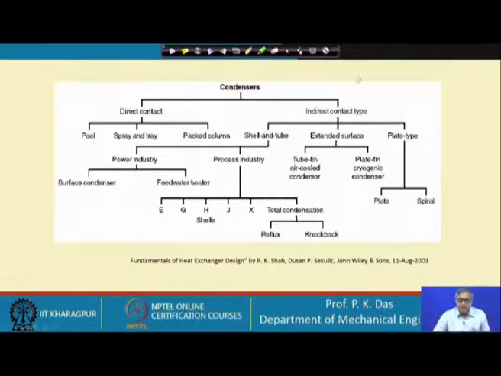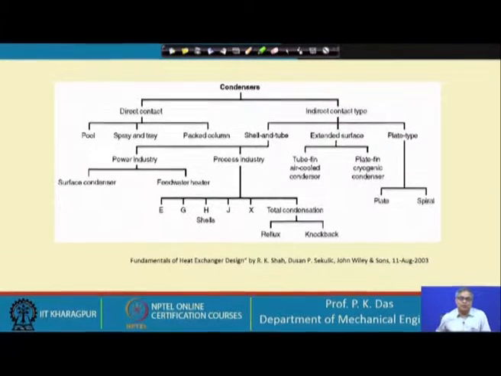So, direct contact, indirect contact type condenser, as we can expect, there could be many variations. One of the main variations of indirect contact type condenser is shell and tube type condenser. So, shell and tube type geometry we know already, we have studied it in the introductory lecture.